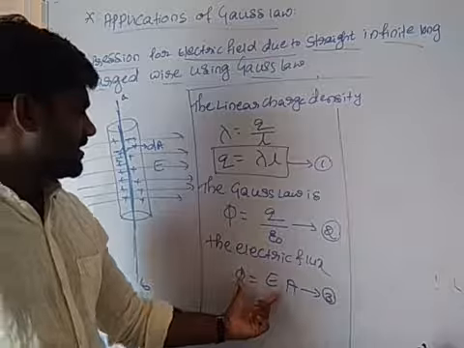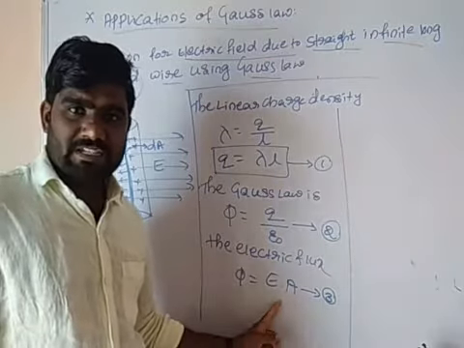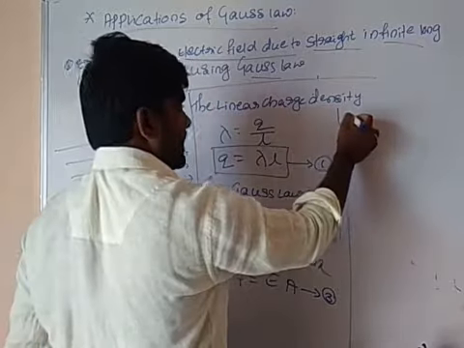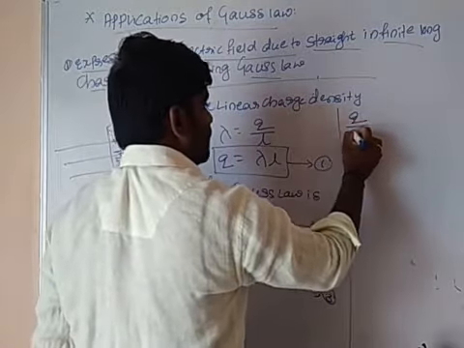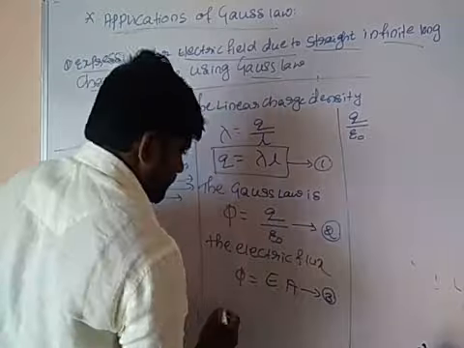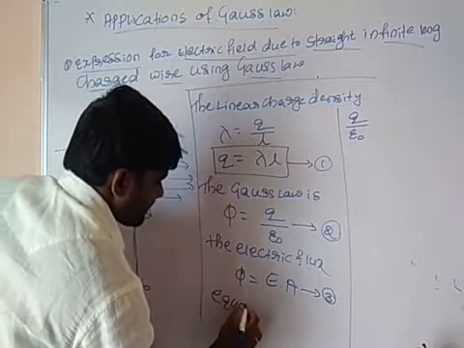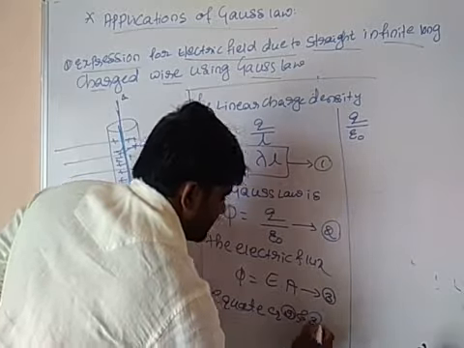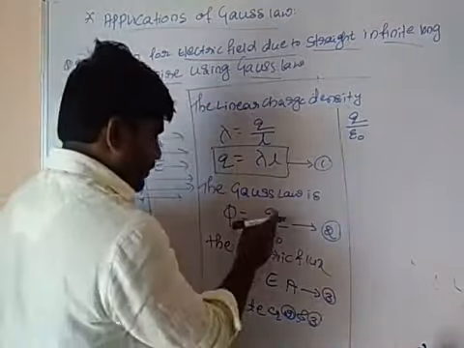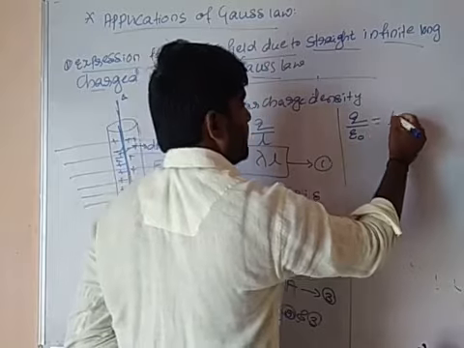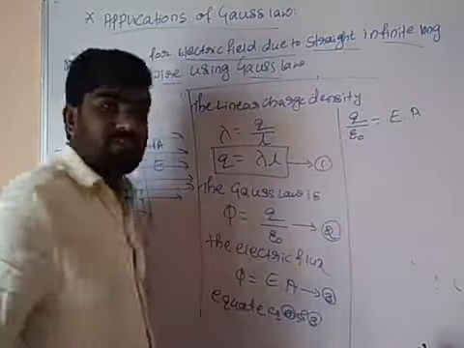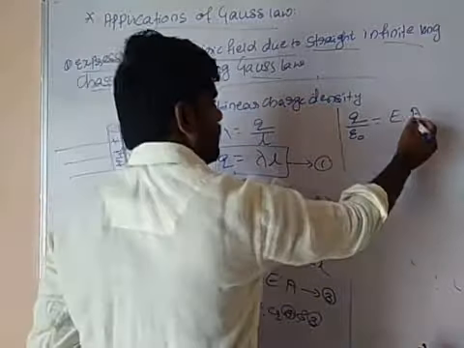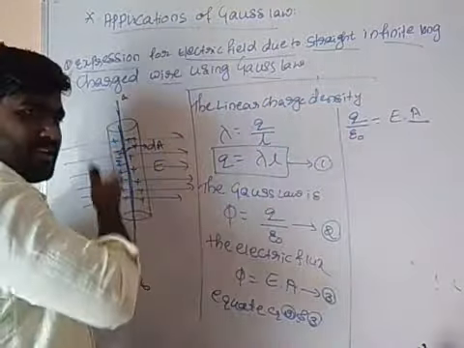Can I equate equation number 2 and 3? Equating, Q divided by epsilon naught is equal to E into A. But here is a very important thing: what is the area of this wire?